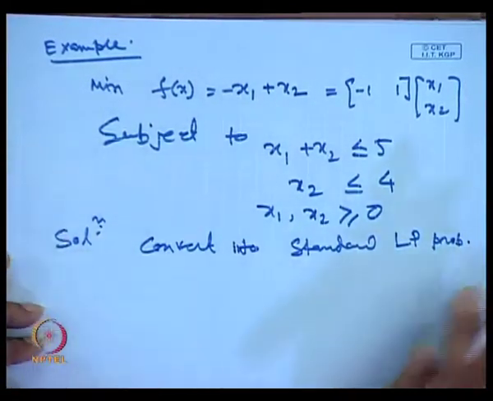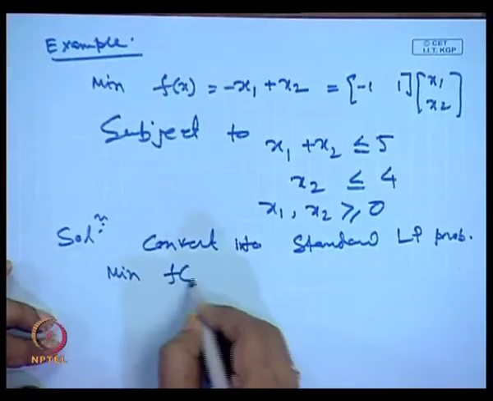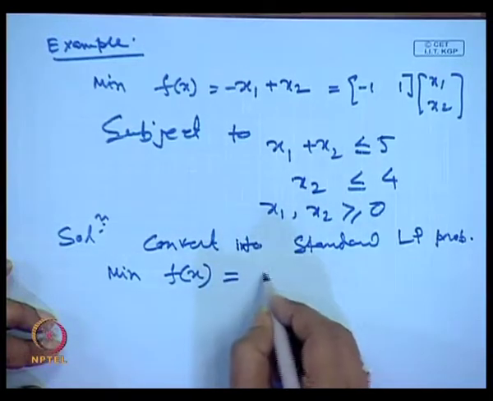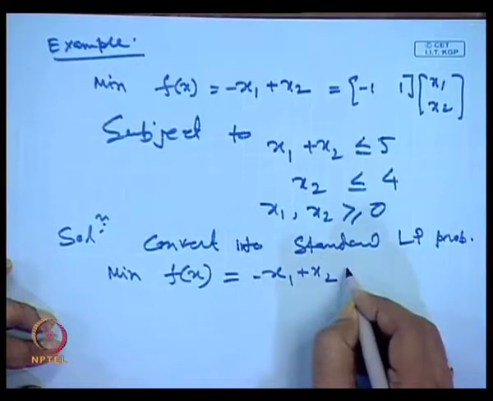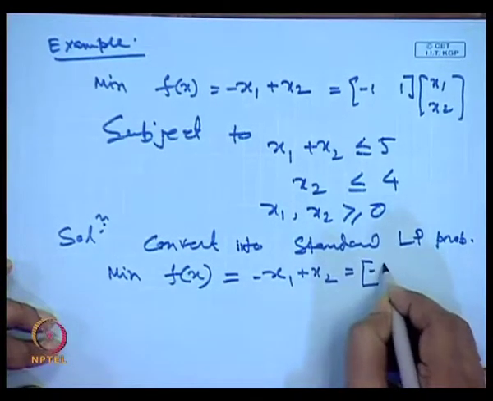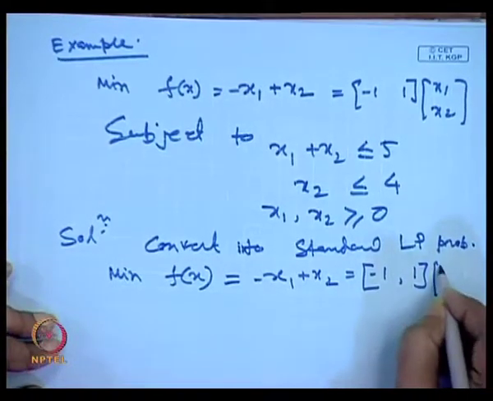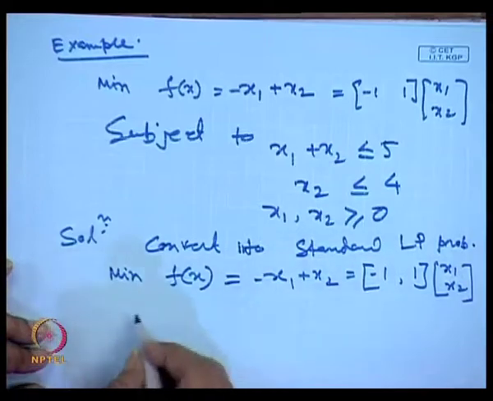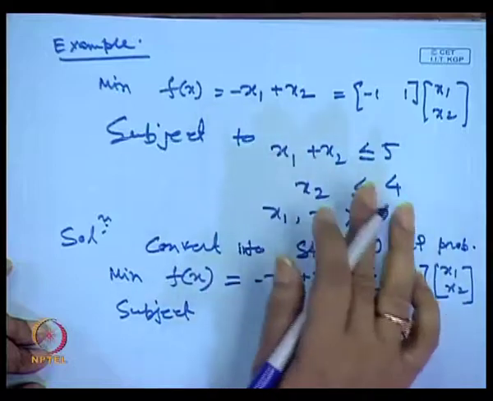Without much discussion, as we have discussed, the standard LP problem is: minimize minus x1 plus x2, subject to equality constraints.